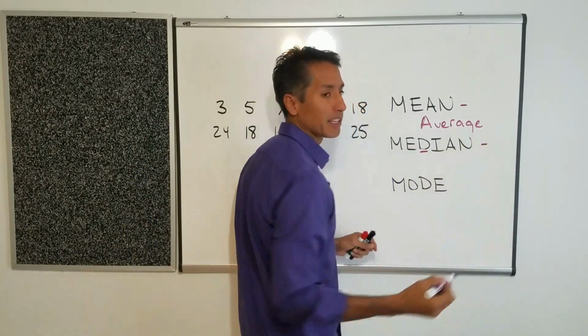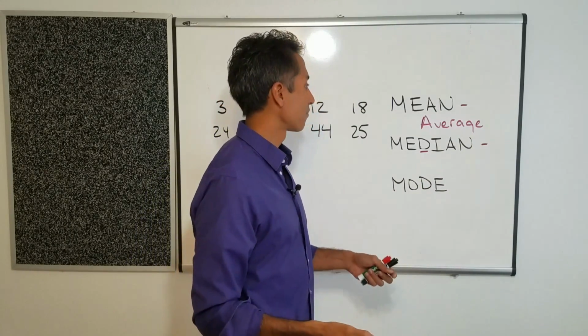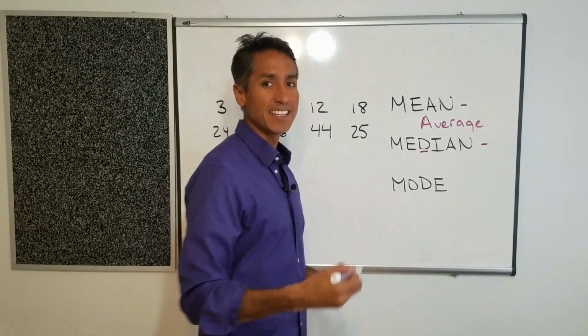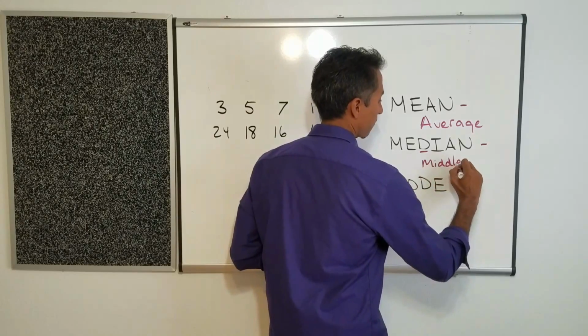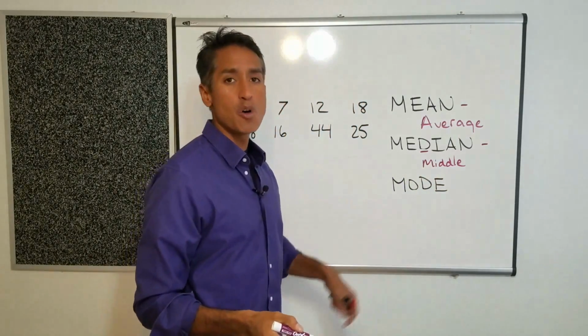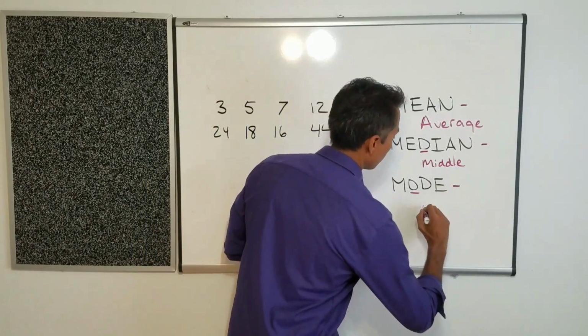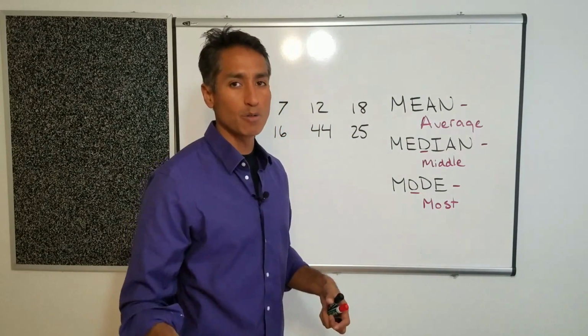This is how I try to remind students how to remember what all of these mean. Median is the middle. And then the mode is the most, the number that shows up the most.